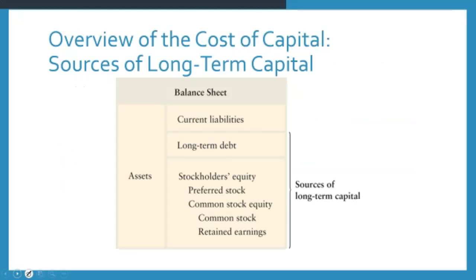Now, when you look at your balance sheet, these areas tell you how the firm is funding its capital, the cost of its capital, and how it's funding its investments.